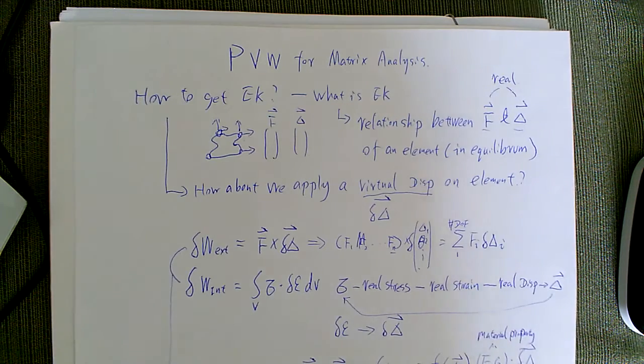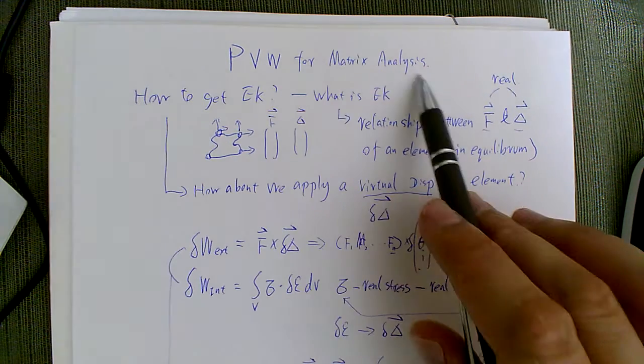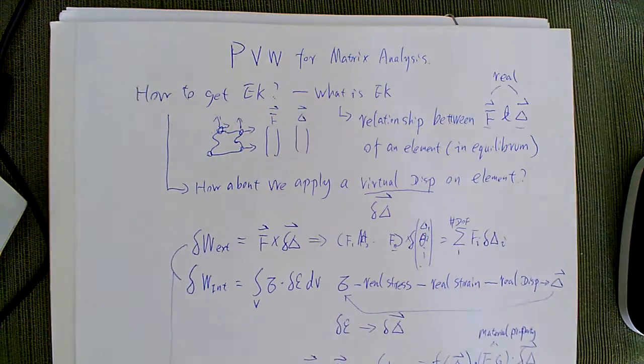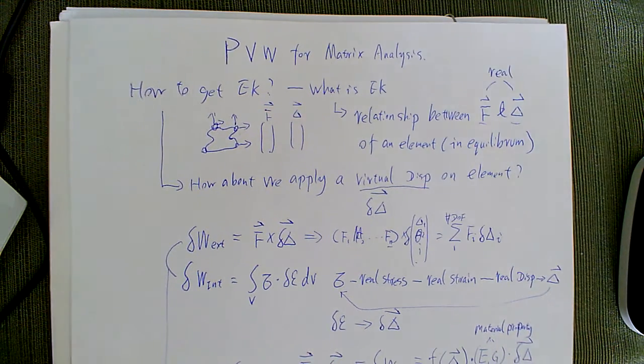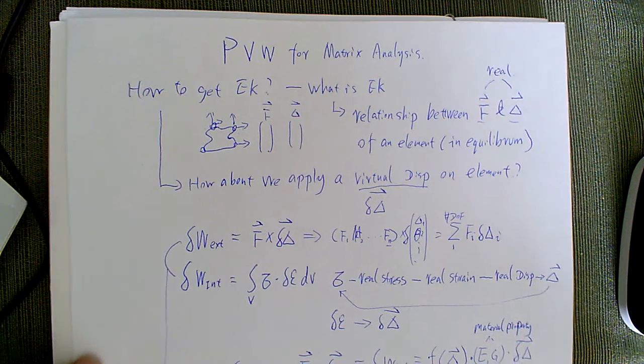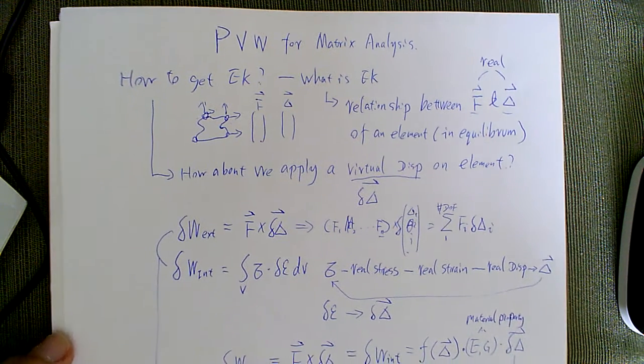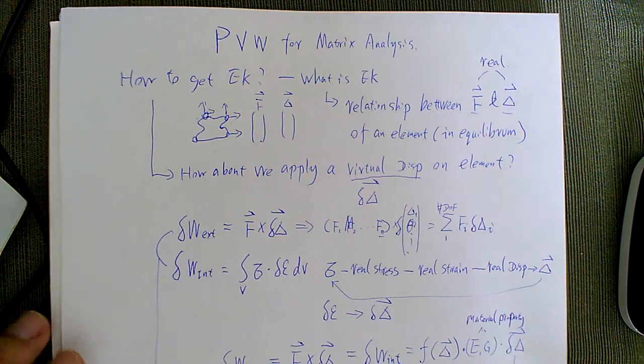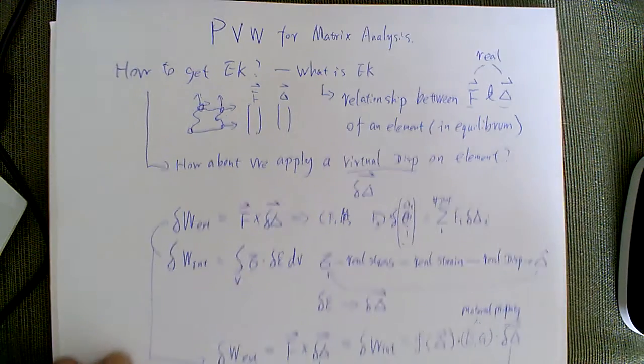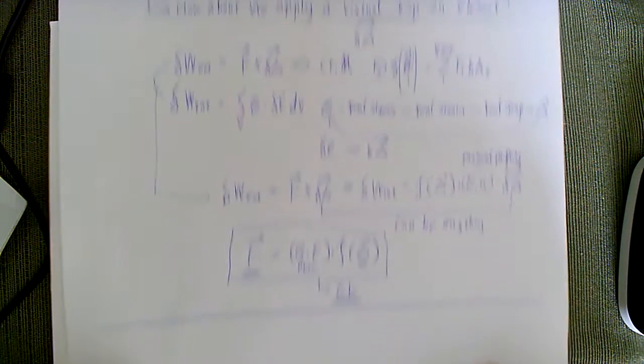In fact, this big game plan applies to not just matrix analysis. It applies to every single finite element stiffness matrix derivation. So it applies for bars, beams, planar elements, plates and shells, solid elements, anything.